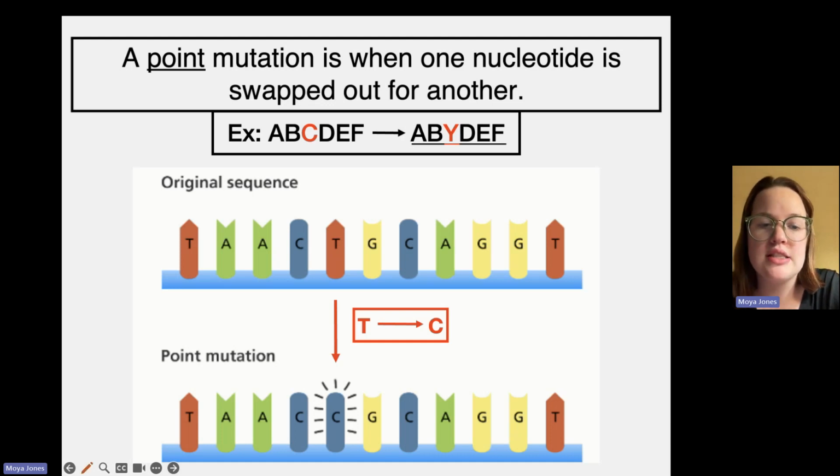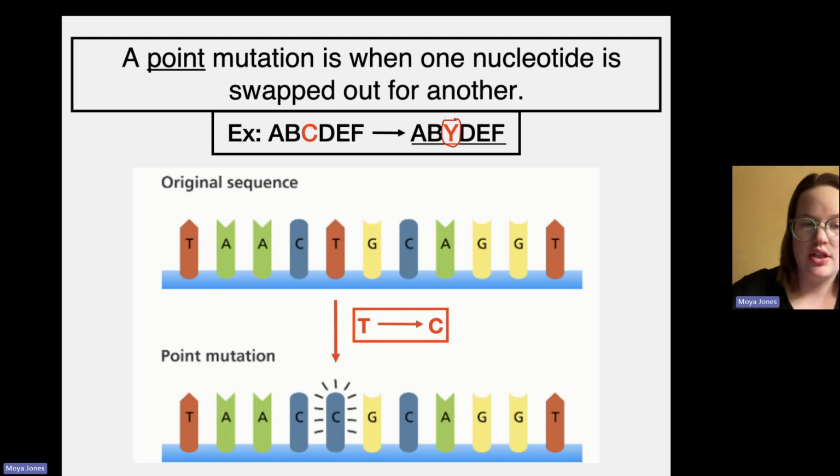It changes just one single nucleotide, just one point in the sequence, which is why it's called a point mutation. You can see up here that the original DNA was TAA, CTG, CAGGT. And there was a change at one point where the thymine became a cytosine. That is called a point mutation.